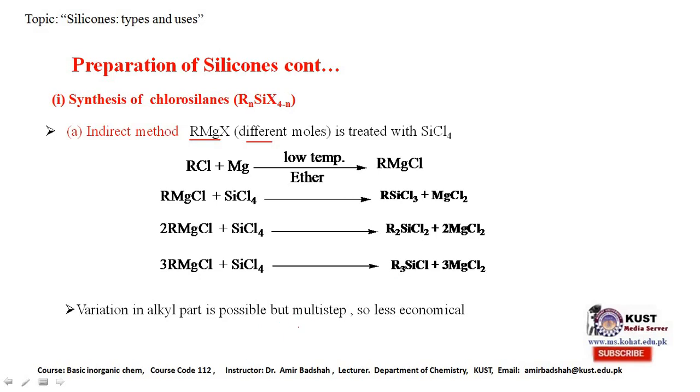But it is a less economical one because multiple steps are involved. When the alkyl halide is used in the form of Grignard reagent, similarly silicon is used in the form of tetrachlorosilane, and then further it is treated. So there are many steps involved in their preparation, so that's why this is a little bit less economical.